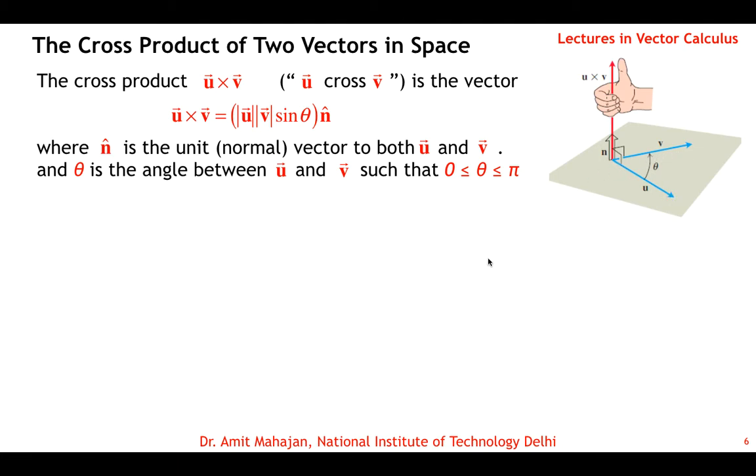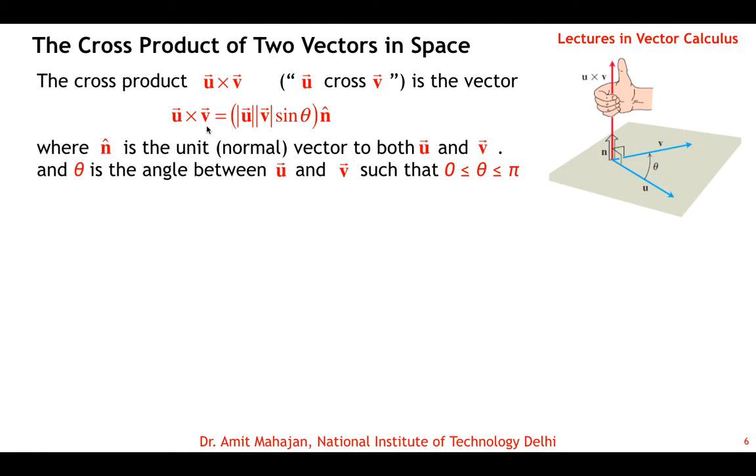Okay, the cross product will be 0 only when either sine theta is 0, that means theta is 0 or pi, or when the u vector or v vector, one of them is 0 or both are 0 vectors.